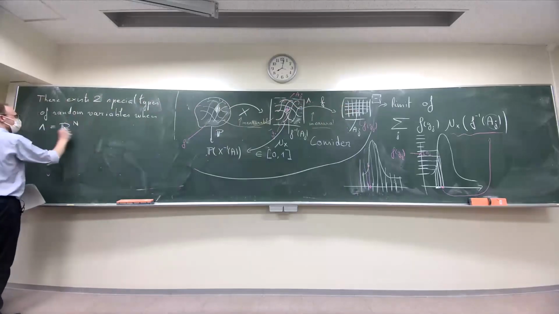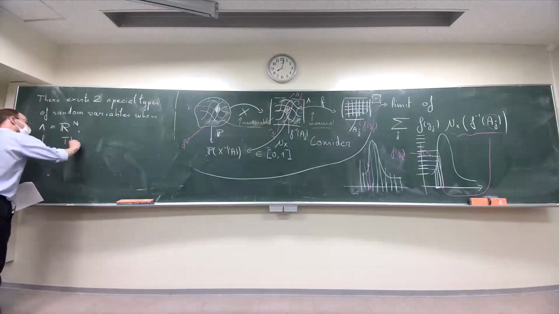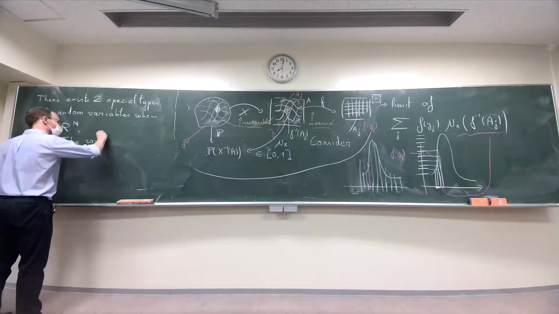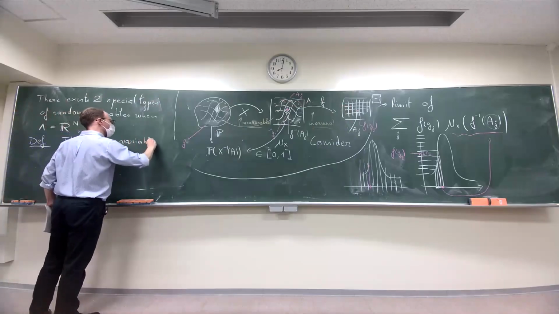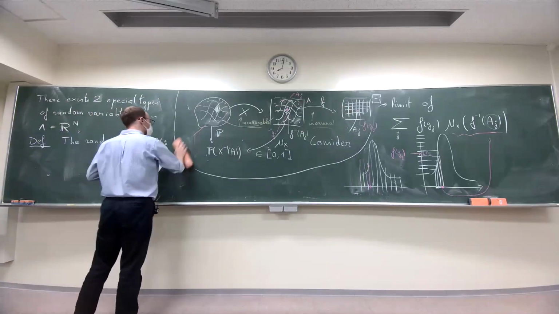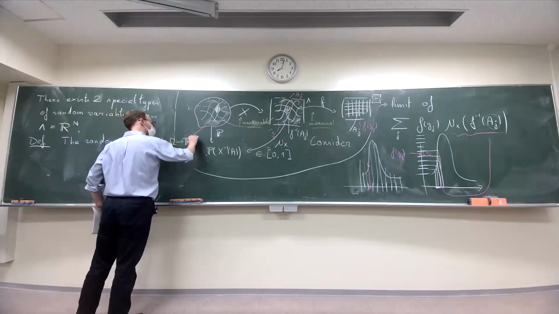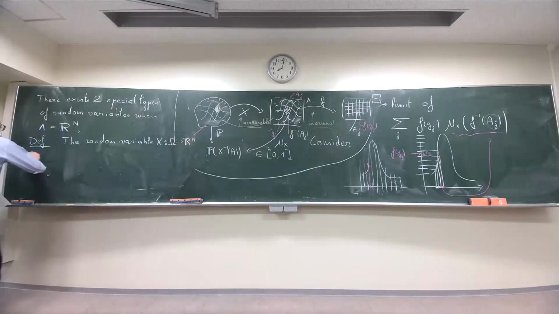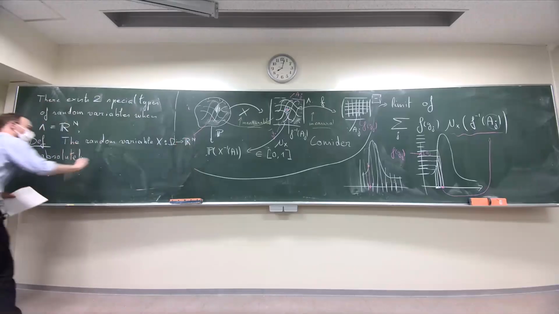So when this set is Rn, the first definition, and this is also an example: a random variable X from omega to Rn is absolutely continuous.